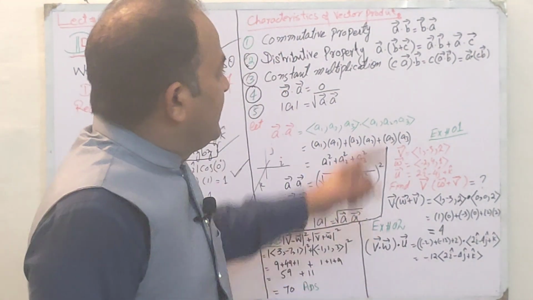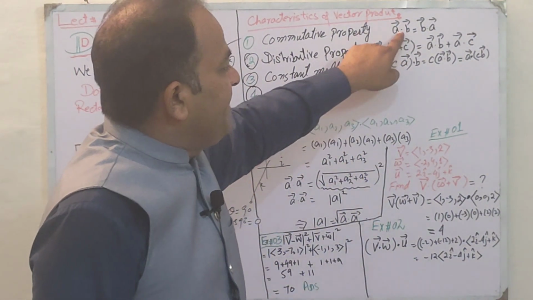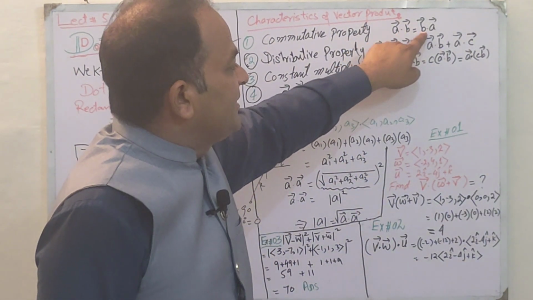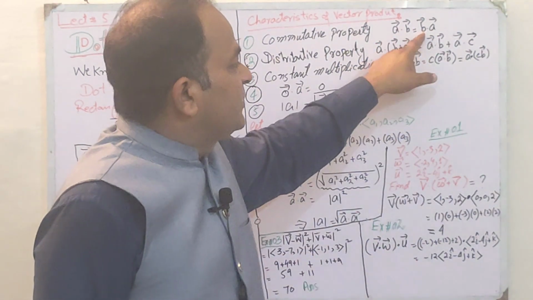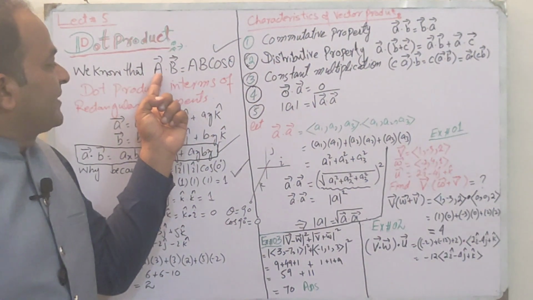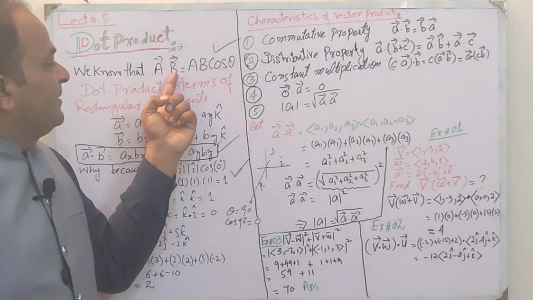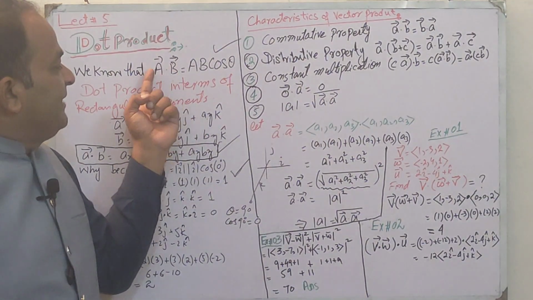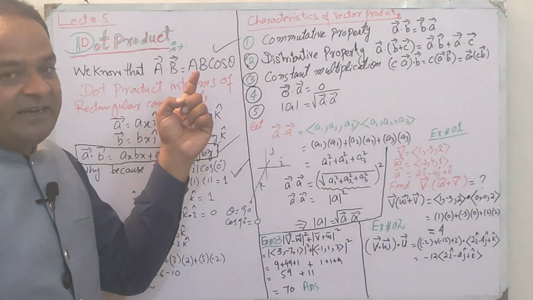Why? Because a dot b gives ab cos theta, and if you replace b with a and a with b, you will get ba cos theta.